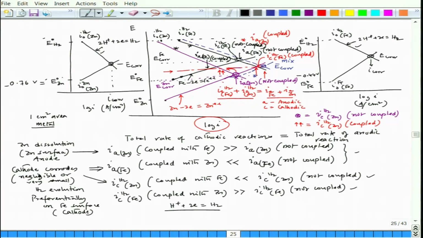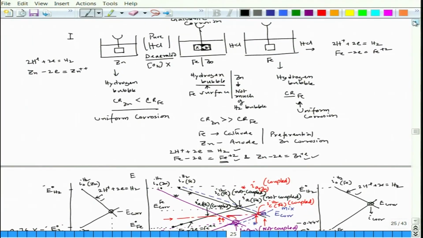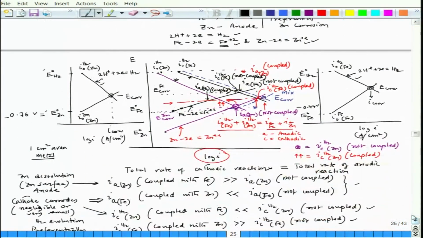Fine. So, with the mixed potential theory we could analyze all three of these virtual experiments, and interestingly it is all matching with the theory, and we could see two concepts. One part becomes preferentially cathode, another part becomes preferentially anode, and the cathode also corrodes, but at a much smaller rate, while the anode corrodes at a much higher rate.